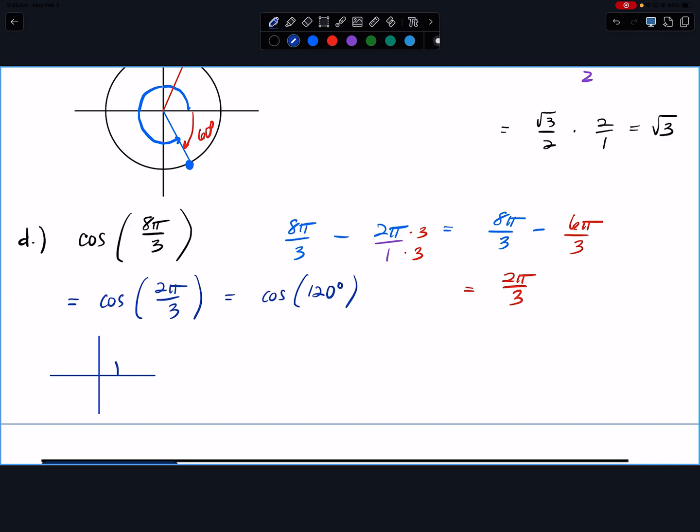So 90 plus 30 is 120. Okay, so that means I'm right here on the unit circle. Okay, but since we know this is a pi over 3, that means if I know my pi over 3 in this quadrant, all I have to do is apply the correct sign to get the answer.